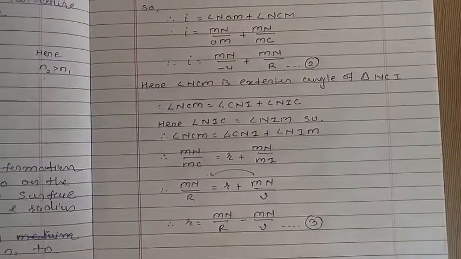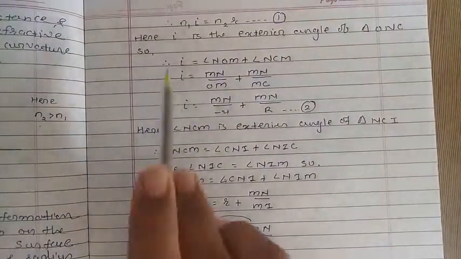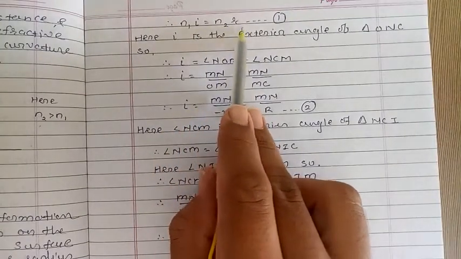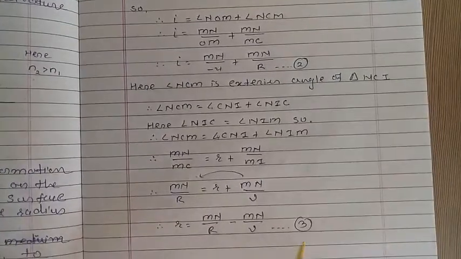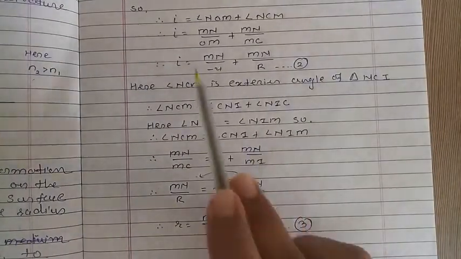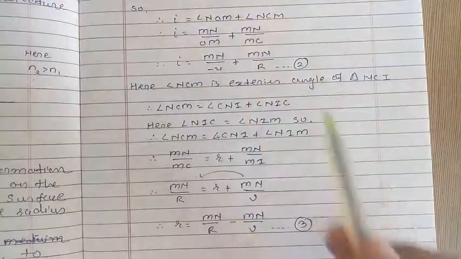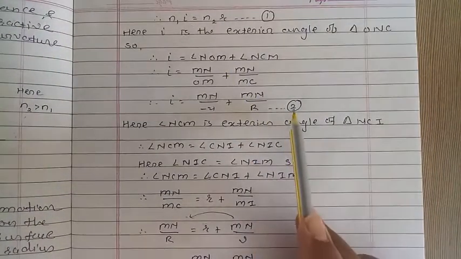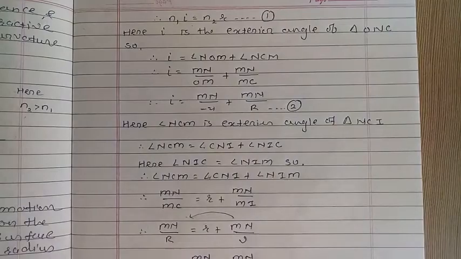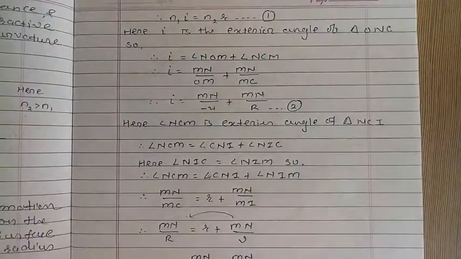Now see equation number 1: N1 I is equal to N2 R. We already know the value of I and R, so we put the values from equation number 2 and equation number 3 into equation number 1.